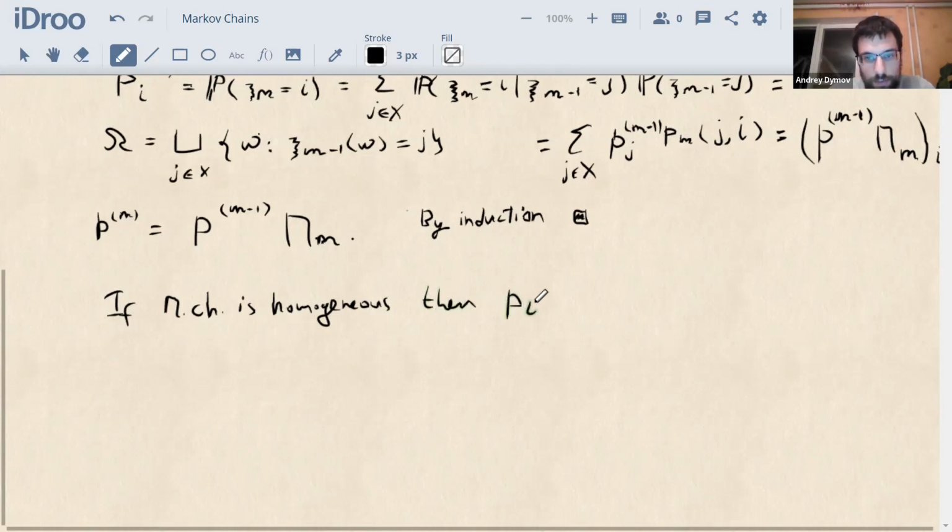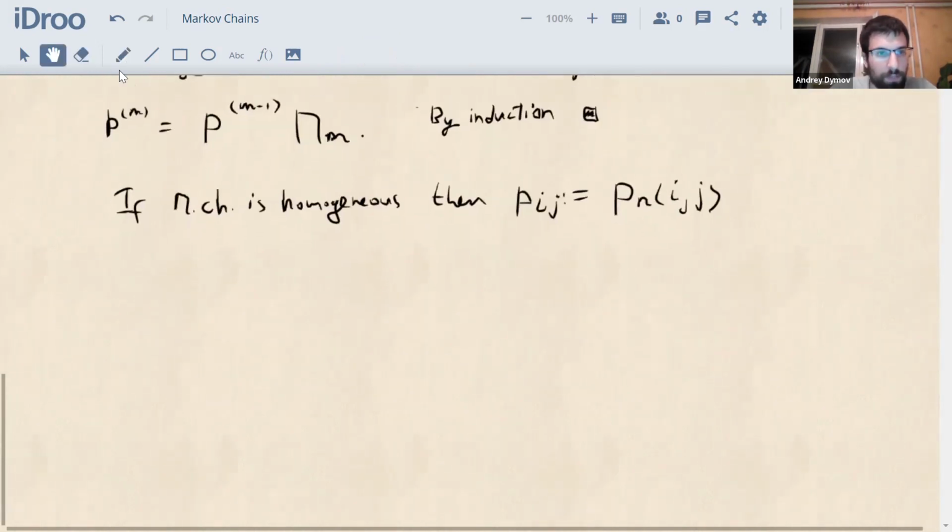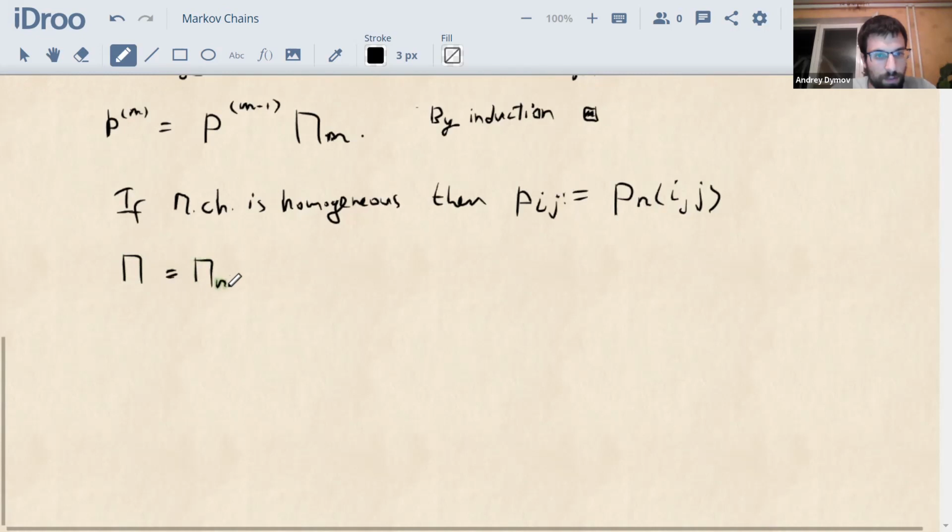I denote the transition probabilities in the following way. I do not write this n, which corresponds to the instant of time, and I put this i and j as subindices. Then the transition probability matrix does not depend on time, and I denote it just by capital P without the subindex n.